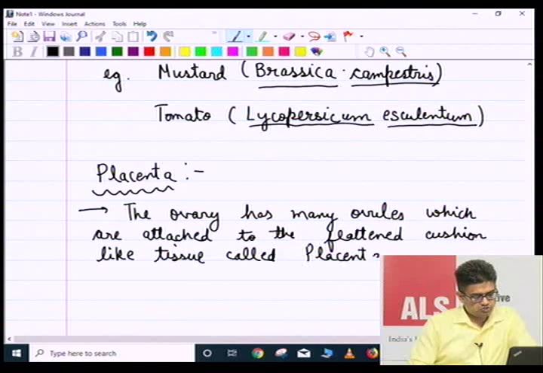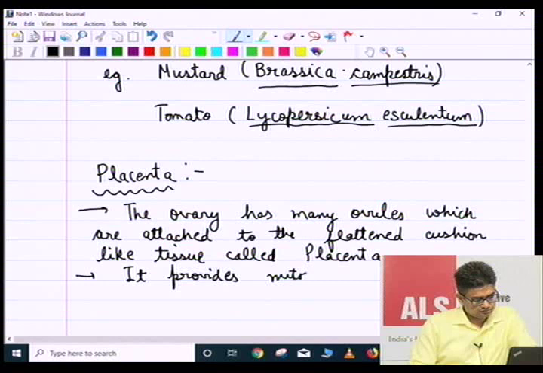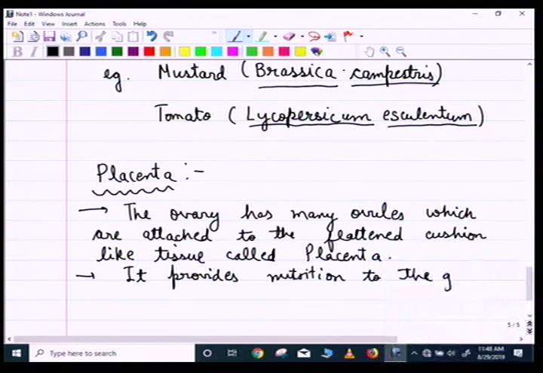And what is the purpose of placenta? It provides nutrition to the growing plant. In the case of plants, it provides nutrition to the growing plant.